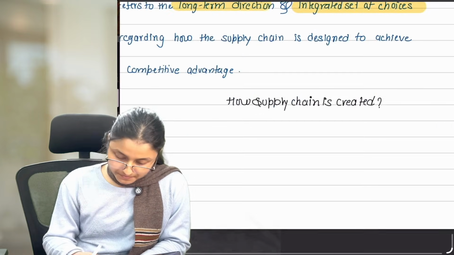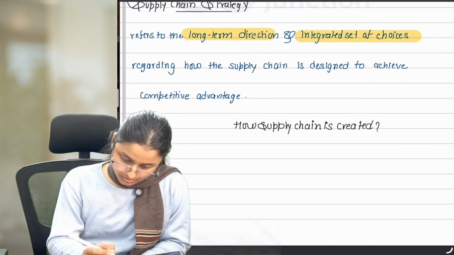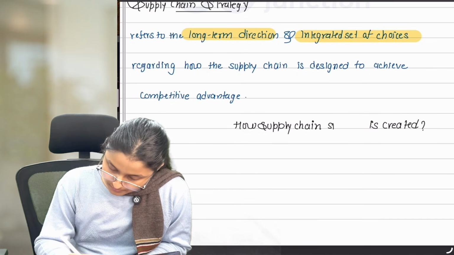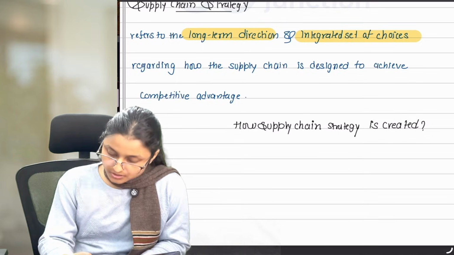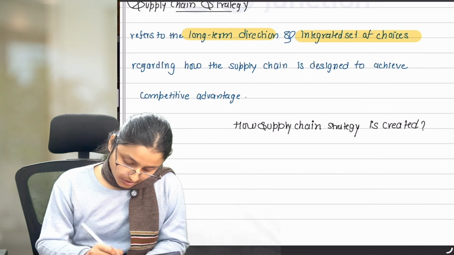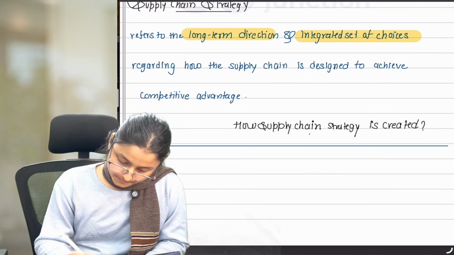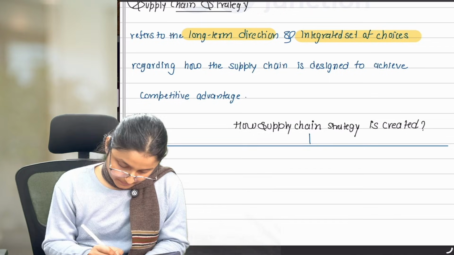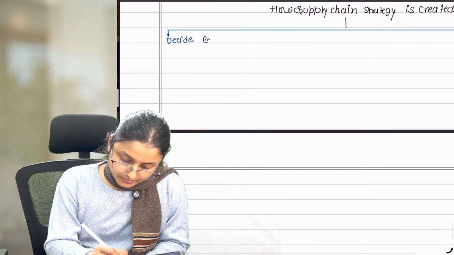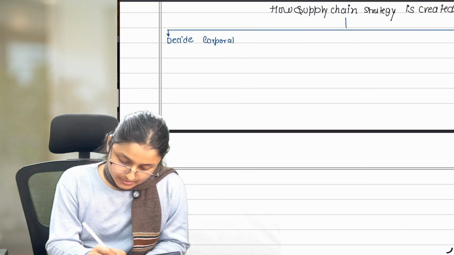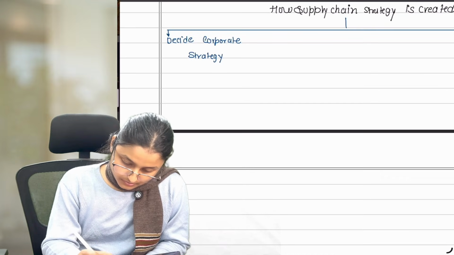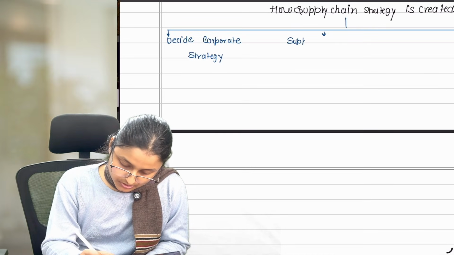So for the creation of supply chain strategy: first comes the corporate strategy, then the supply chain strategy, then each department's own sub-strategy. Decide corporate strategy, then the supply chain strategy is created.